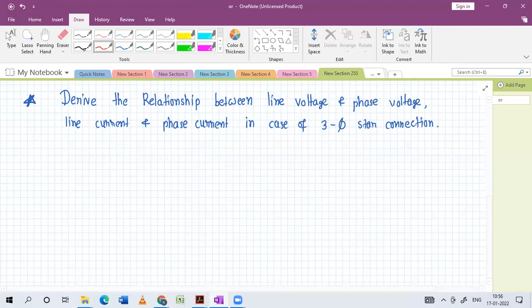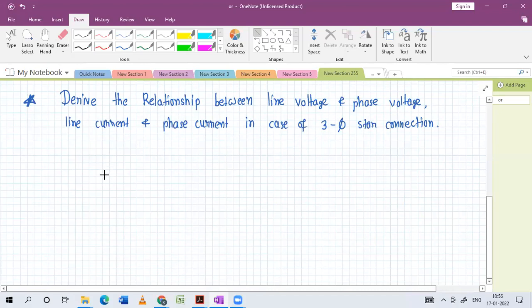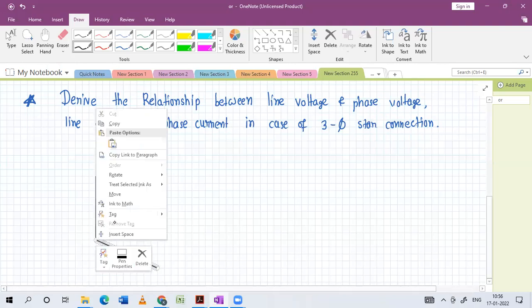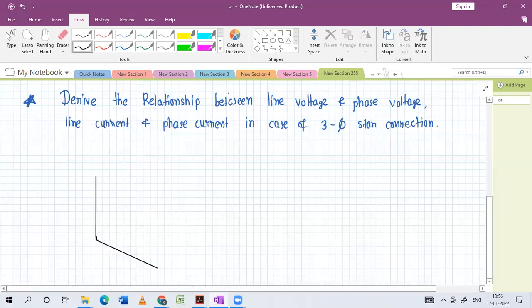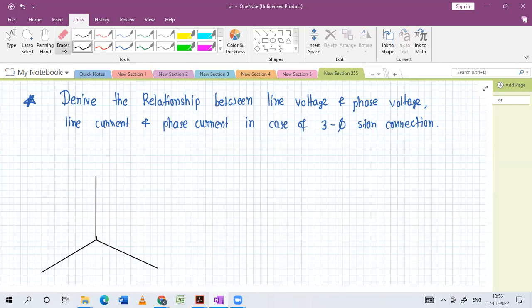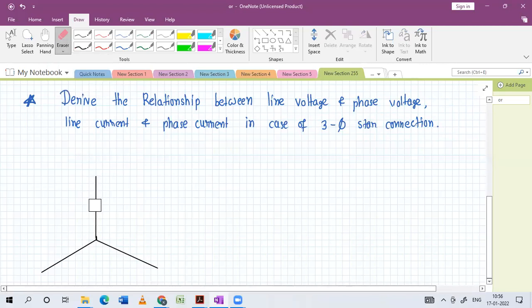So consider that I have a star. I have one star connection. And here the winding is there, because we are generating the voltage by using a winding. So consider that here three windings are there.